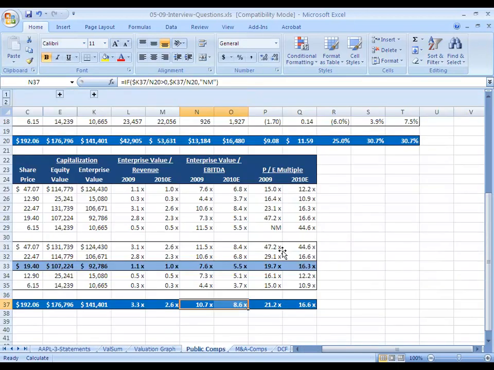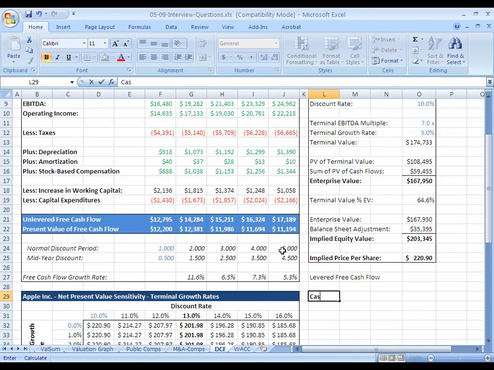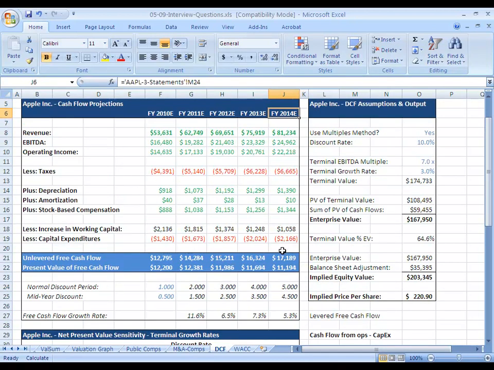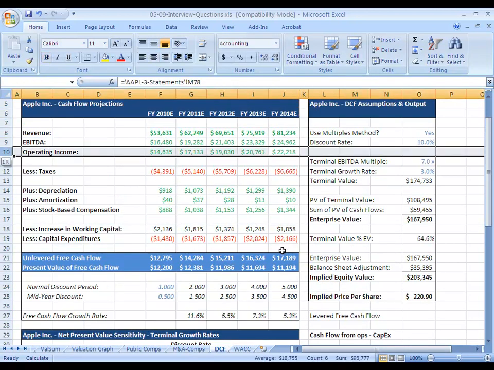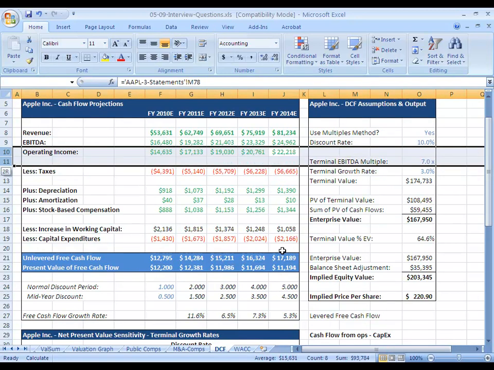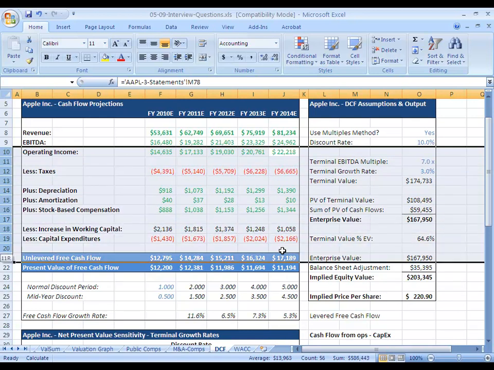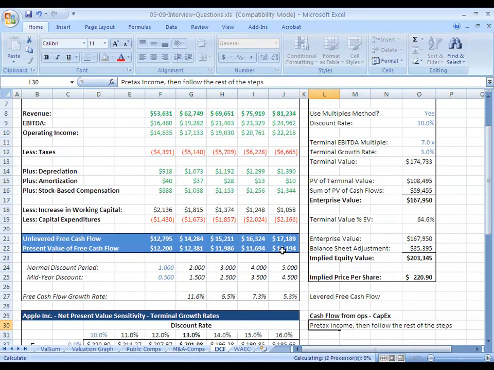So that's one method for calculating it, minus capex. Another method for calculating it is rather than starting with operating income right here, we could actually start with pre-tax income instead. So we could take into account the interest income and interest expense, and then take it from there, go through all the same steps, and get to levered free cash flow. So we can use either of those two to calculate levered free cash flow.